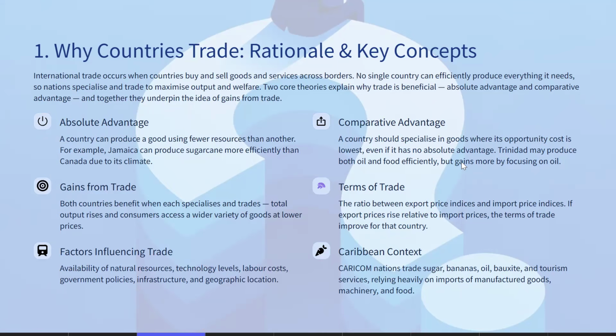Right. What do countries gain from trade? Both countries would benefit. Both countries trading will benefit when they specialize in an area that they have absolute advantage and comparative advantage in and trade with each other. One, both countries now have a larger target market. Two, the total output is going to increase.